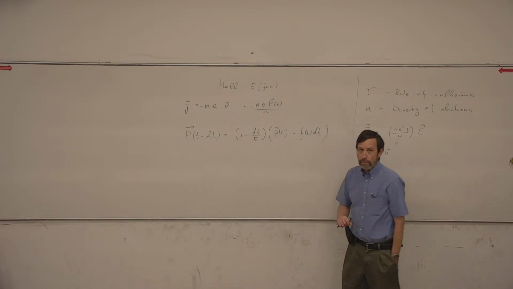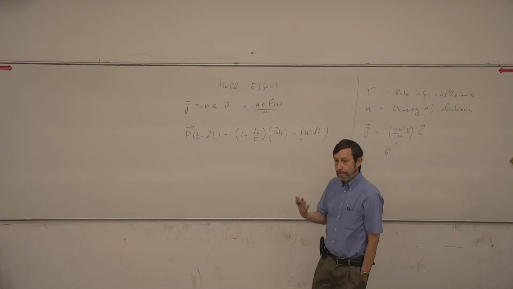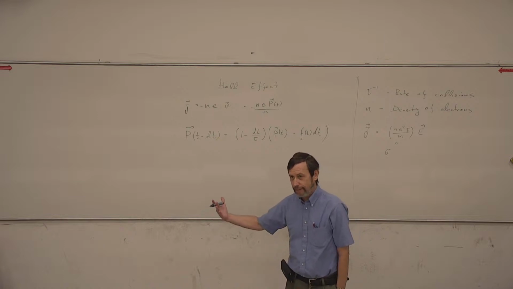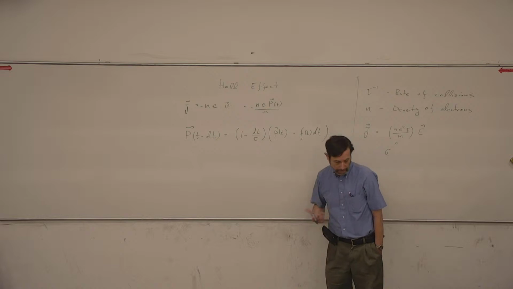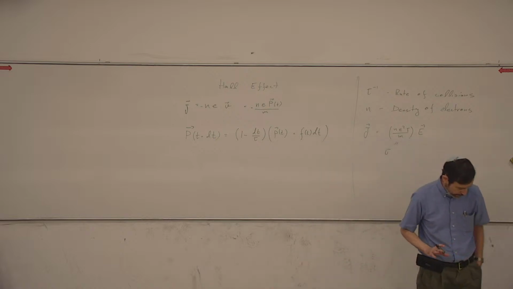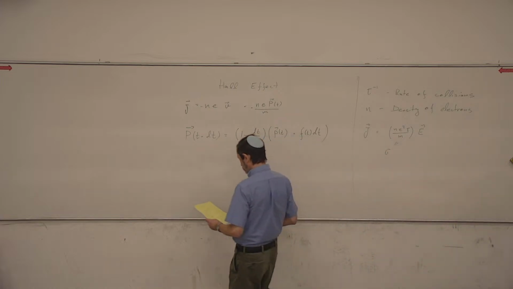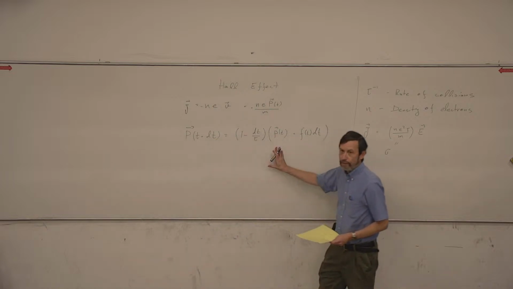The second term tells me, well, I can lose electrons at P(t), but I can also gain from where? The force will accelerate the electrons that weren't at P(t) to P(t). And that's all I'm writing here. Now I'll keep it up to order of dt.